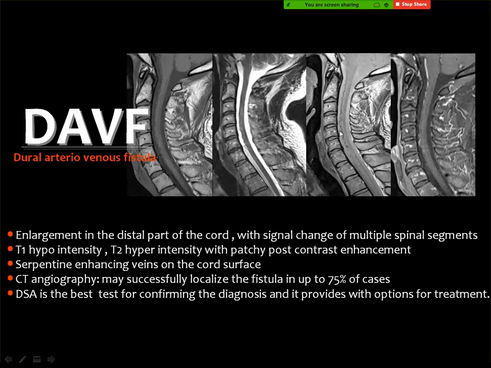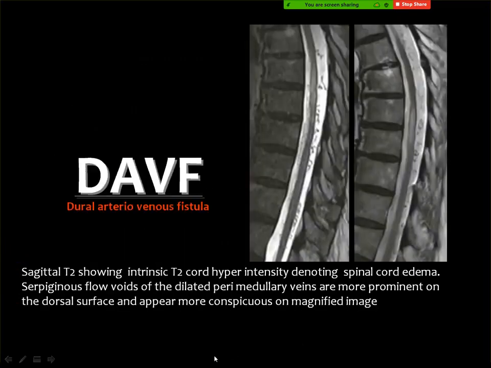But this serpiginous low signal or signal void lesion should be carefully interpreted. Then you got lesions of signal void in the subdural space, and you got changes in the cord parenchyma in the form of patchy increase in the T2 weighted image. This is the classic appearance: minute vessels, signal void in the subdural space, associated with signal changes in the cord parenchyma.